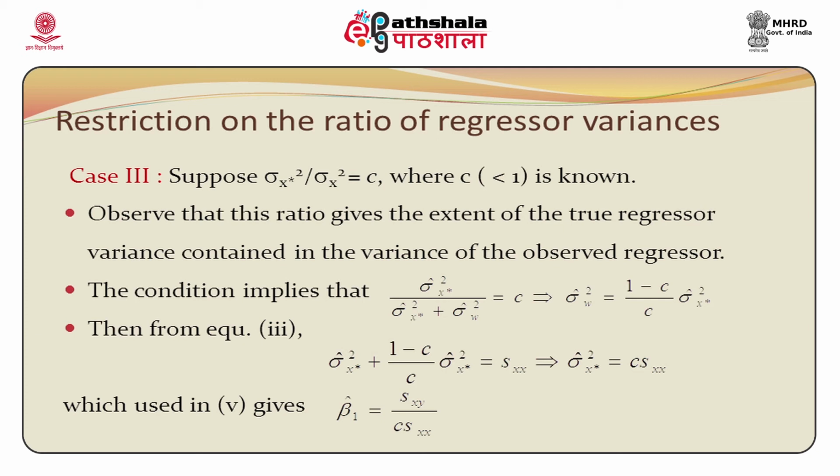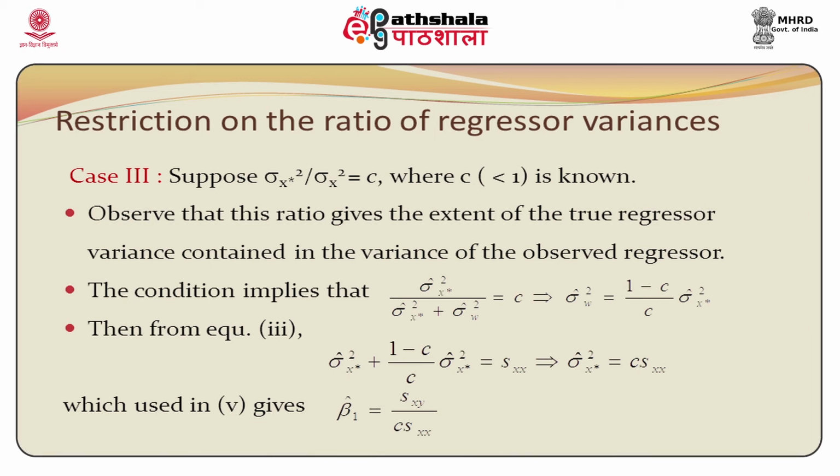Now, let us come back to this. We have sigma w square is equal to 1 minus c by c sigma x star square. And if we use 3 and substitute sigma w square there, then we have sigma x star square coming out as c times sxx.